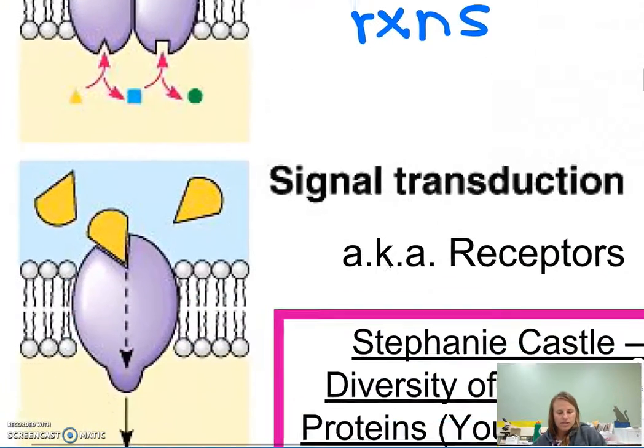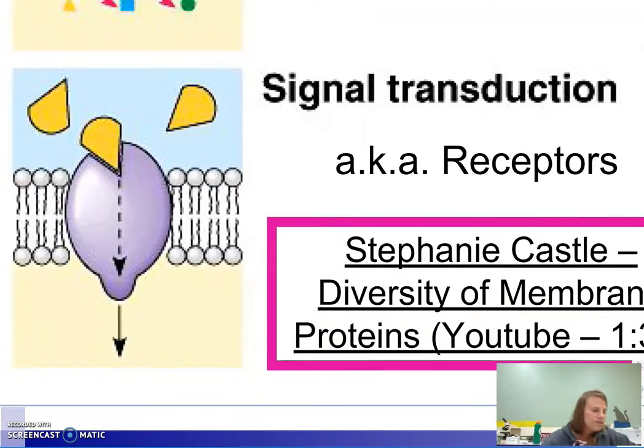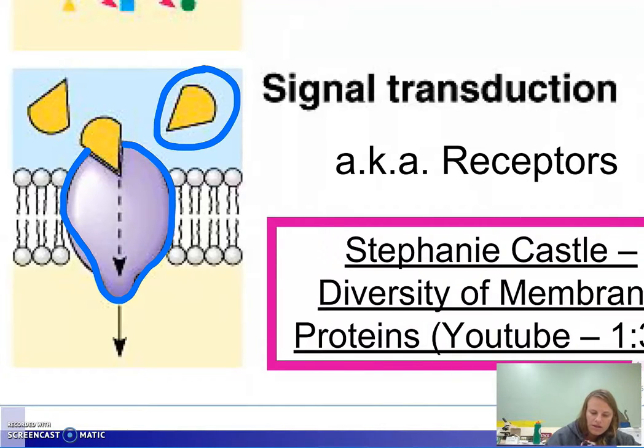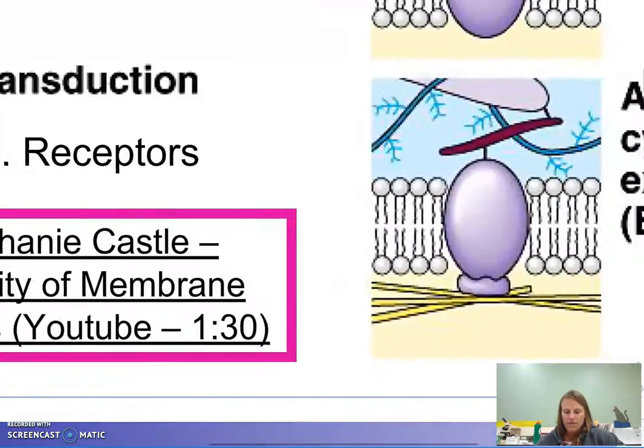There are some proteins that play a role in signal transduction, where specific molecules are going to bind to receptors that are ultimately going to send some sort of signal. It's going to trigger some sort of reaction inside of the cell.